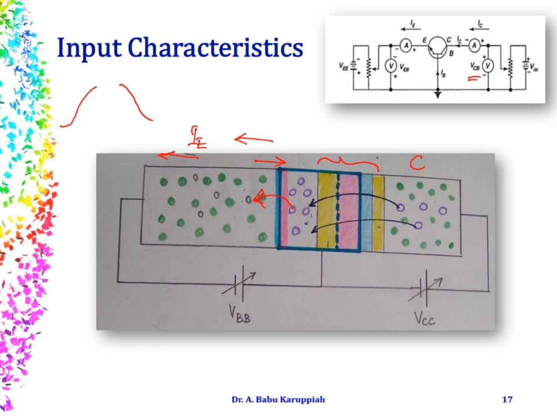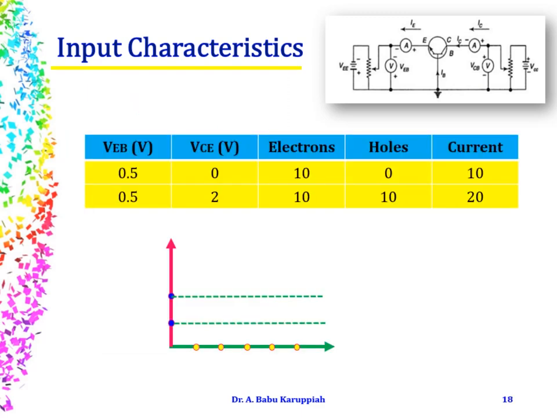The hole that has come from the base will have the direction in this way. So there is an additional current because of the holes that move from your emitter towards the negative polarity of the input DC supply. We will understand this concept by taking numerical values.